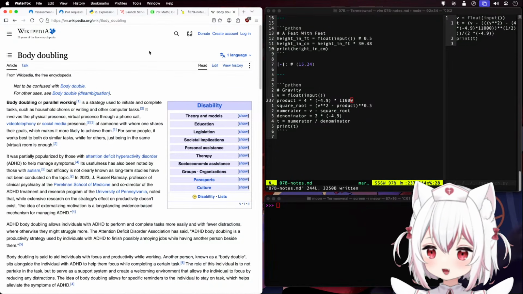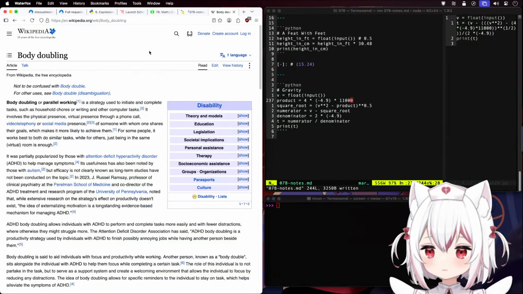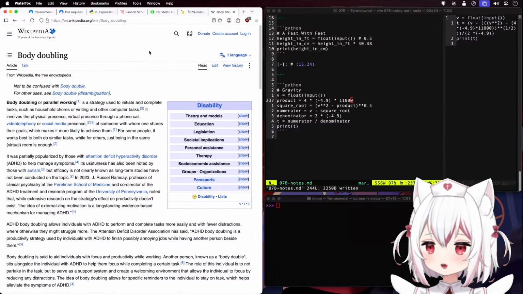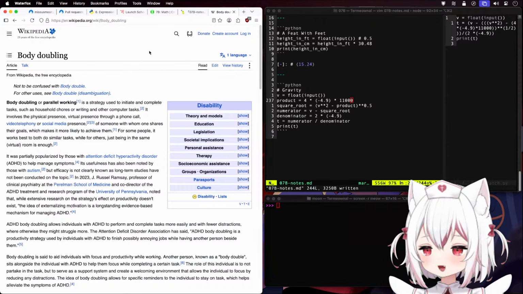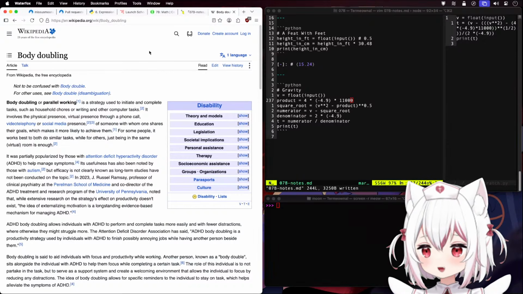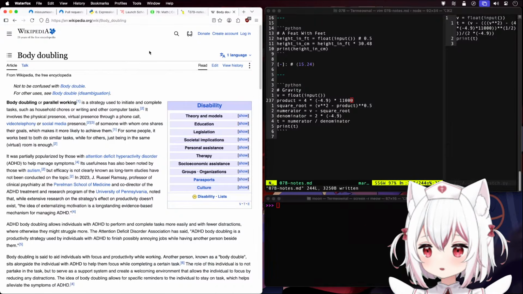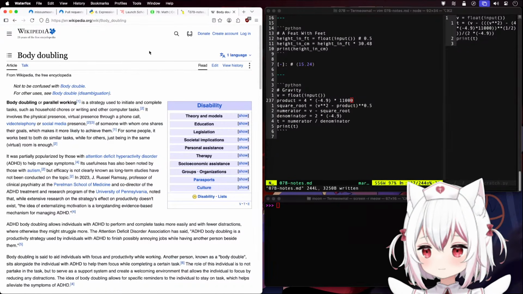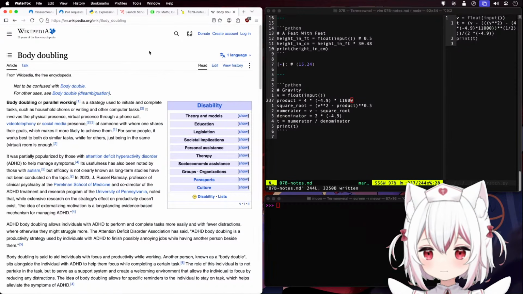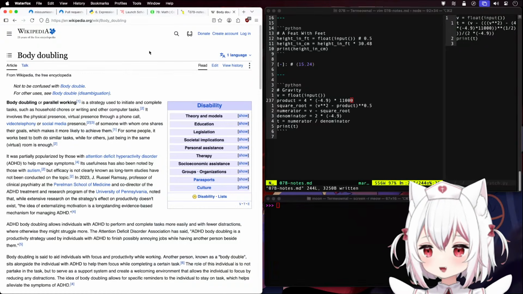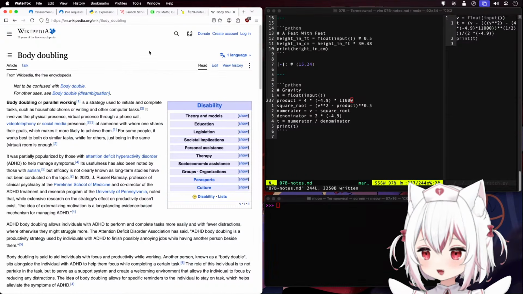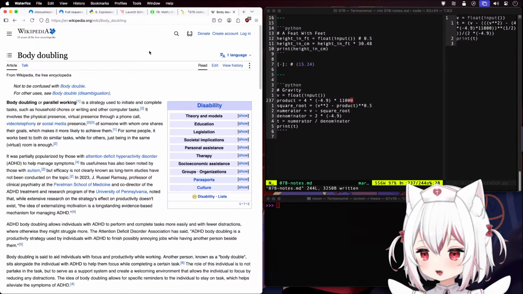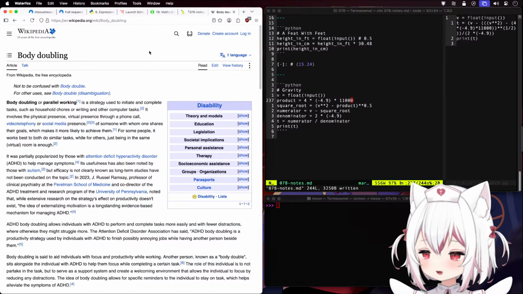Because what I found is I'm addicted to scrolling Reddit and Twitter, Mastodon, Hacker News, doom scrolling. And if I'm offline, I have a tendency of just doing that all day. But when I'm online, I can remember that I have goals.